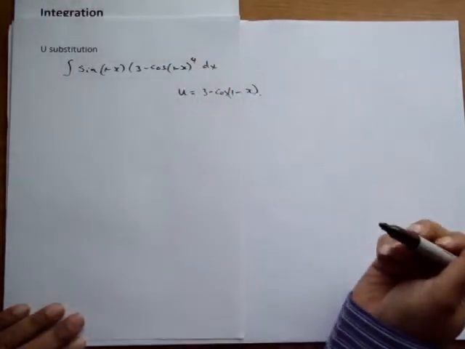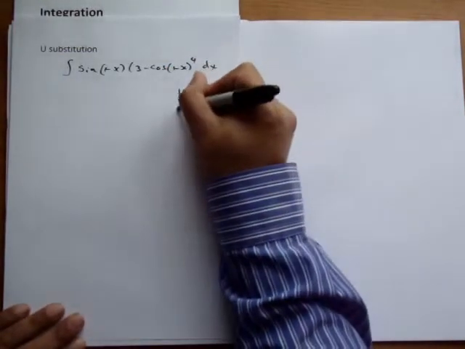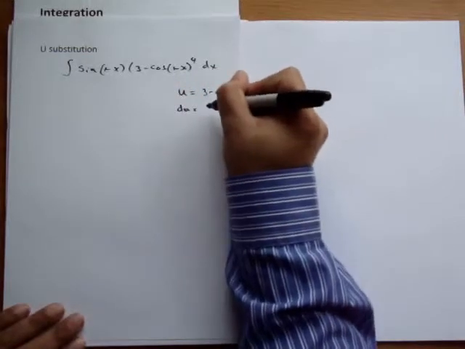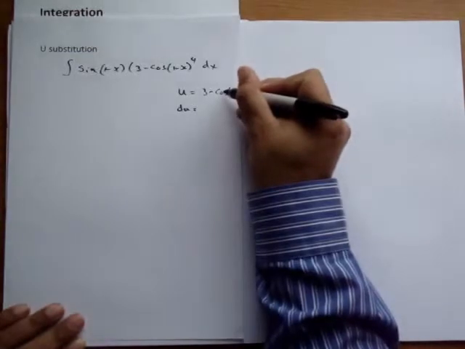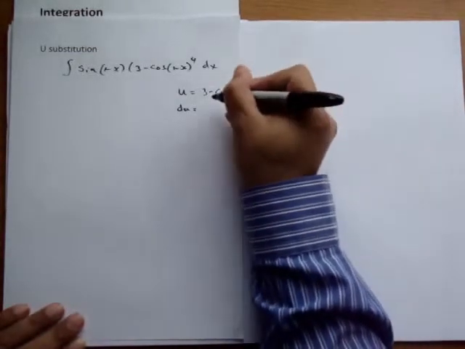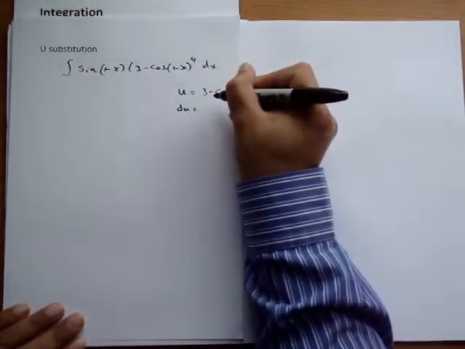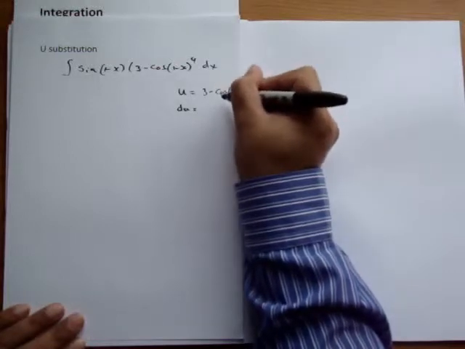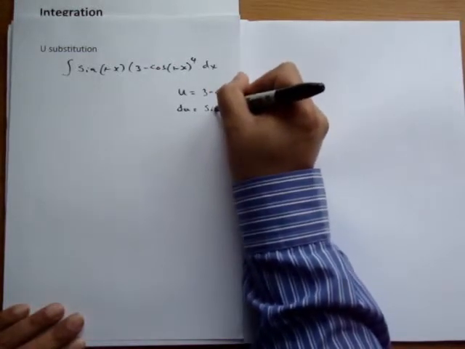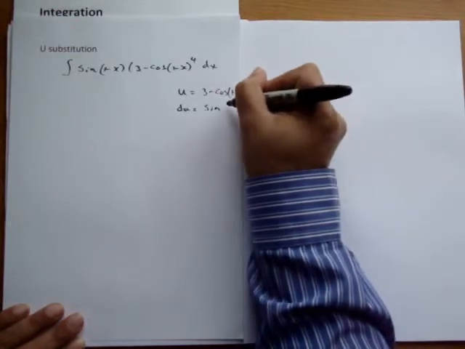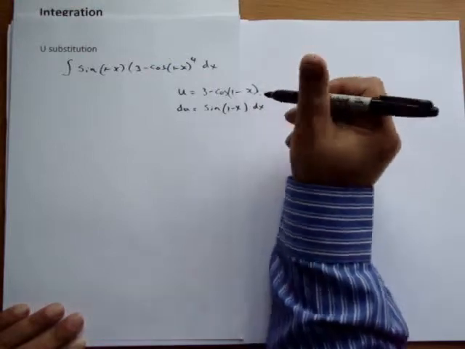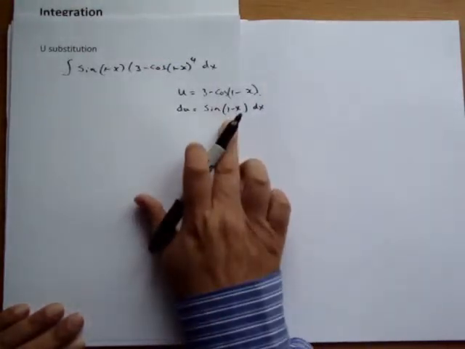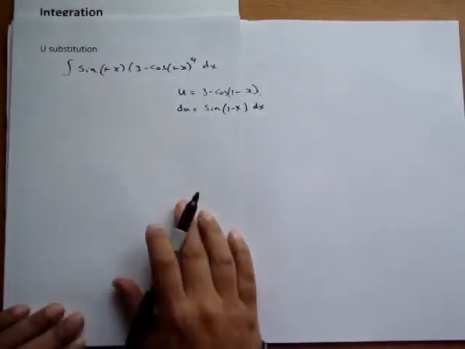So that's the stuff in the brackets. We chose that to be u. So du equals, differentiating minus cos, we get sine 1 minus x dx. So we can see the sine 1 minus x appears in our original integrand, so we can use this U-substitution.